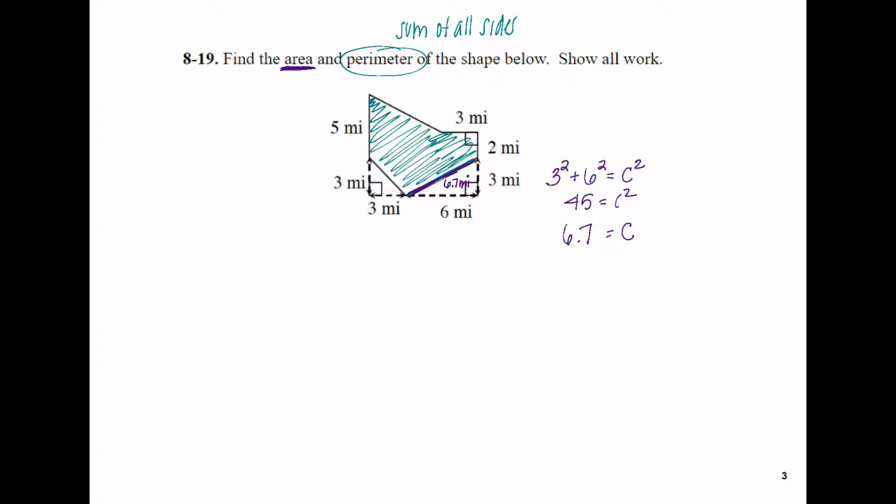We then can find the other side of this little triangle using the Pythagorean theorem. 3 squared plus 3 squared, 9 plus 9 equals 18, equals C squared. The inverse of squaring something is square rooting it, so when we take the square root of 18, we get approximately C is equal to 4.24. So we can go ahead and label that 4.24.